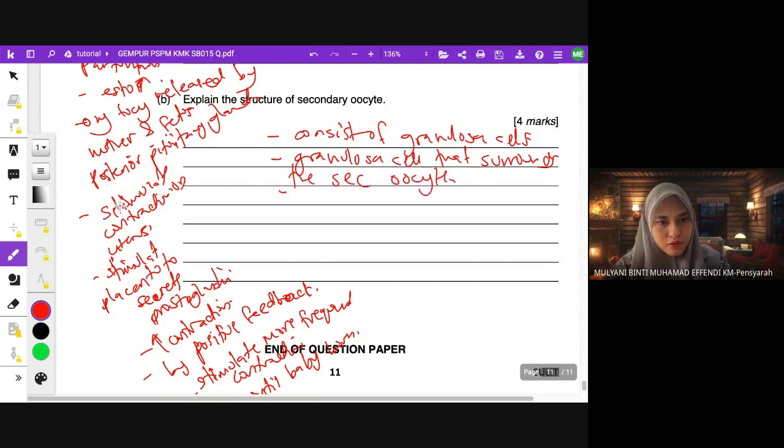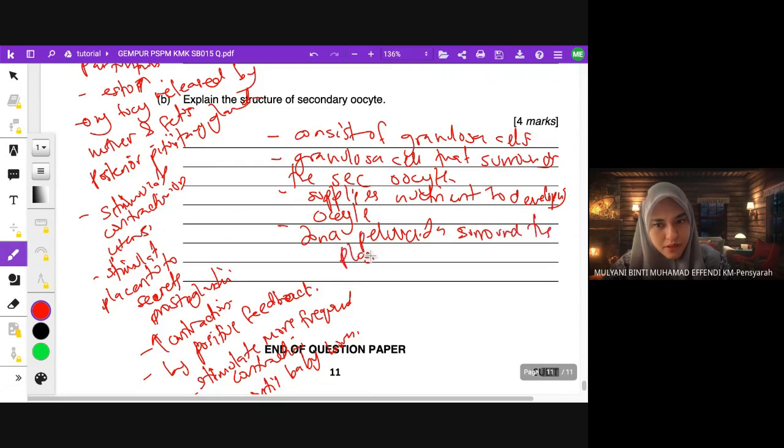Okay, lepas tu supplies nutrients to developing oocyte. Okay, lepas tu dia ada juga zona pellucida. Okay, surrounds the plasma membrane. Okay, lepas tu develops as a jelly coat.